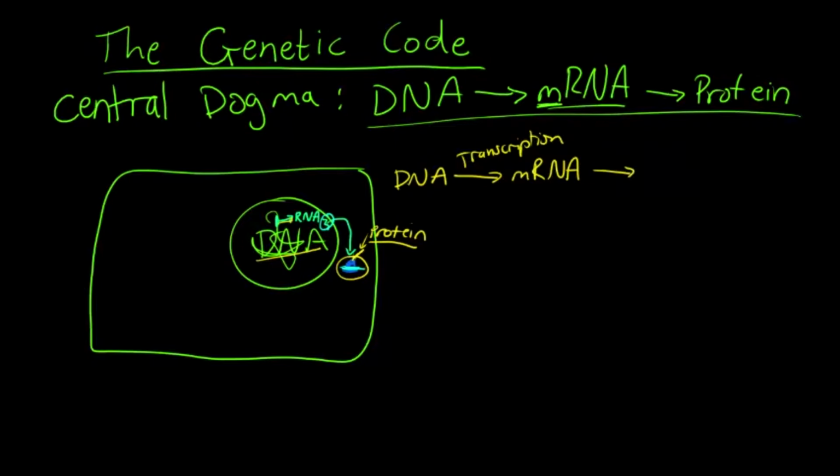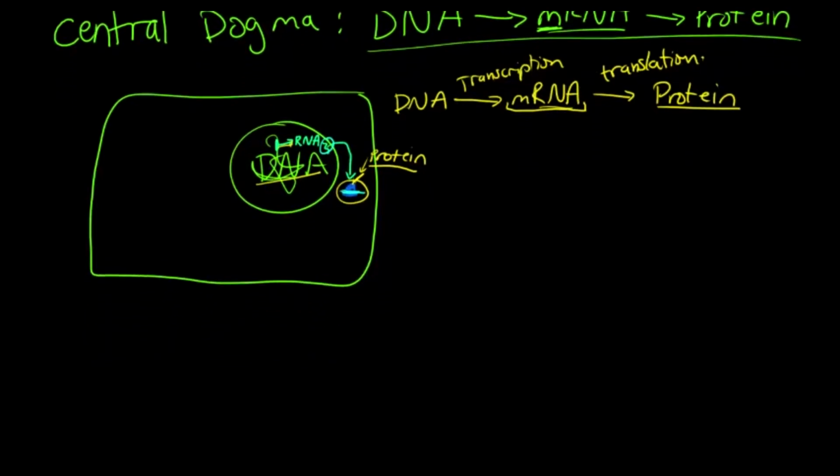And then RNA to protein, how the ribosome knows how to read an RNA and make an amino acid chain, is called translation. So keep that in mind. We'll discuss that more as we progress throughout this course, but for right now we're going to talk about the DNA code, how we go from RNA to protein.